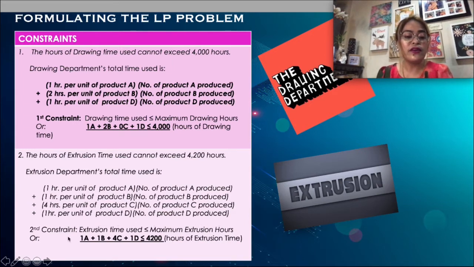In other words, our second constraint: extrusion time used is less than or equal to the maximum extrusion hours, or 1A plus 1B plus 4C plus 1D must be less than or equal to 4,200 hours of extrusion time.